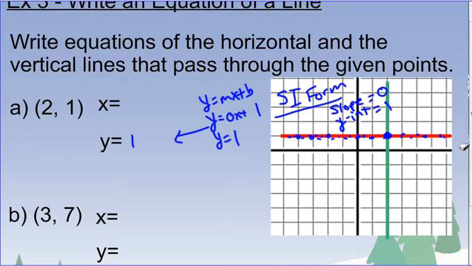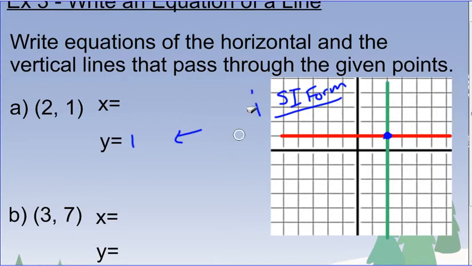Okay, so we did the equation of this horizontal line. Let's do the vertical line. Now, this one gets a little bit funkier because in slope-intercept form, we do not have a slope.